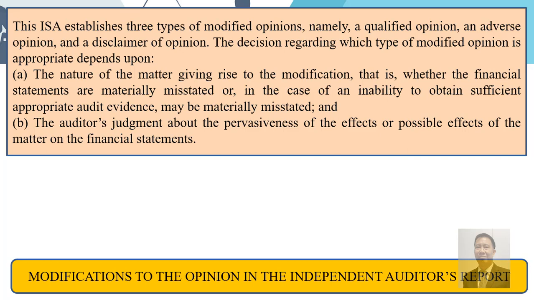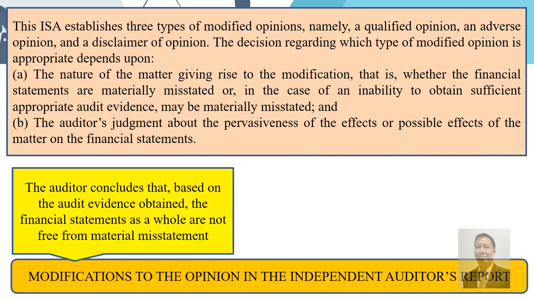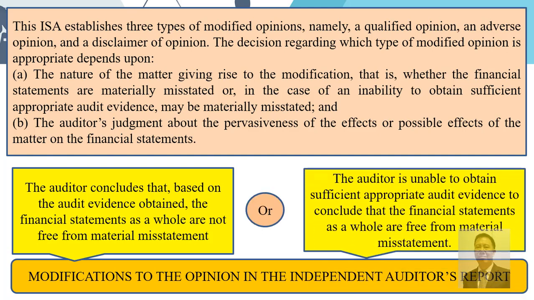And of course, they have to mention their measurement of the pervasiveness of the effects, whether that is a misstatement or limitation of scope in obtaining evidence. The auditor concludes that based on the evidence obtained, the financial statements as a whole are not free from material misstatement, or they are unable to obtain sufficient and appropriate audit evidence, which they feel has a huge impact on the assertion or presentation of the financial statements.